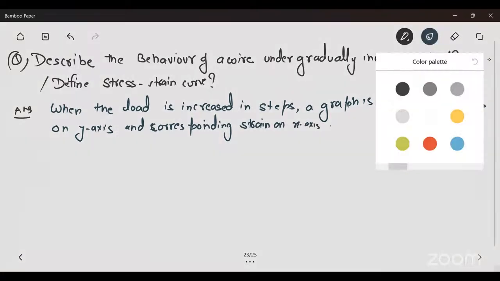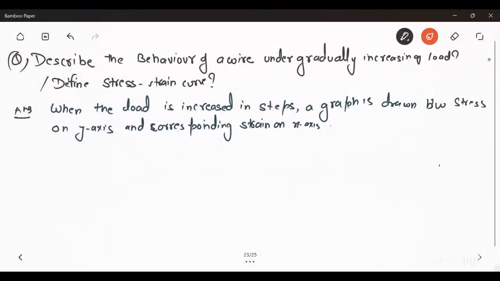Now I'm drawing the graph between stress and strain. So on the y-axis, stress is denoted, and on the x-axis, strain is denoted.